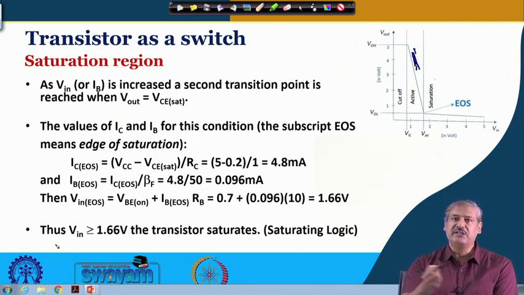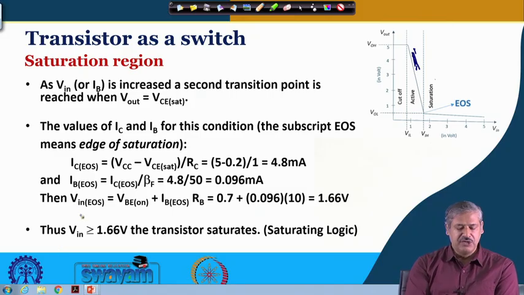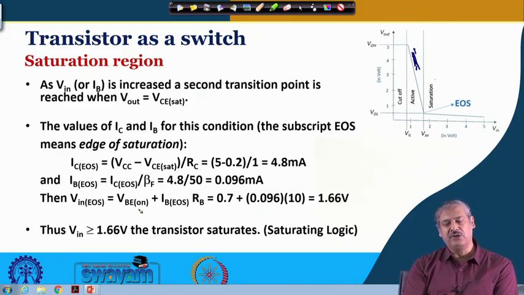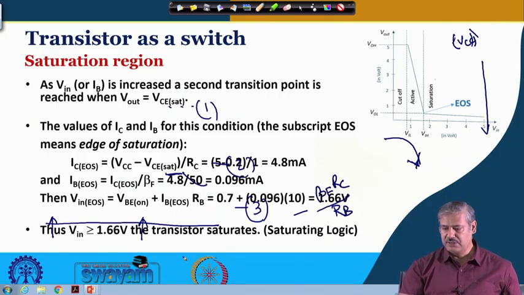We refer back to equation 1 that we had before. V in is equal to VB on, the base emitter drop, plus the IBRB drop. So, IB edge of saturation into RB, in the KVL in that base emitter junction loop.